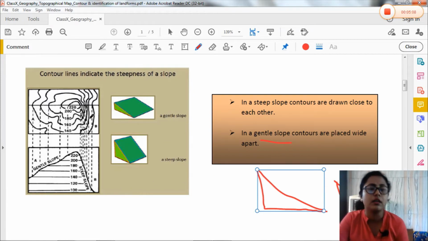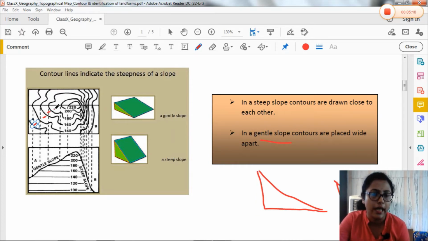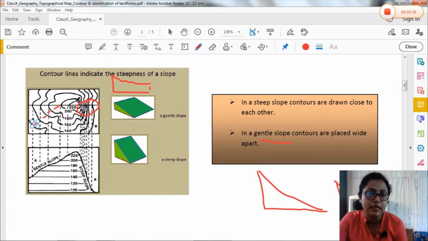By seeing the contour lines we can understand which type of slope it is. In this image, in this part, you see the contour lines are spaced away from each other, they are widely spaced. So this part is under the gentle slope. But if you see this area, the contour lines are closely spaced, so this part is a steep slope.